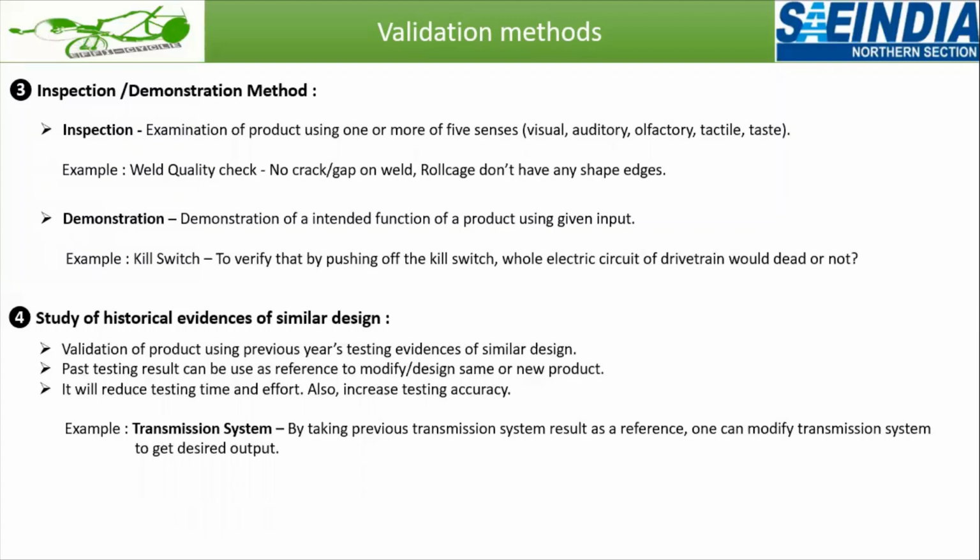For example, in a transmission system, by taking the previous year's testing result as a reference, one can modify the transmission system to get the desired output, like modifying the gear ratio, the selection of wheels, etc.